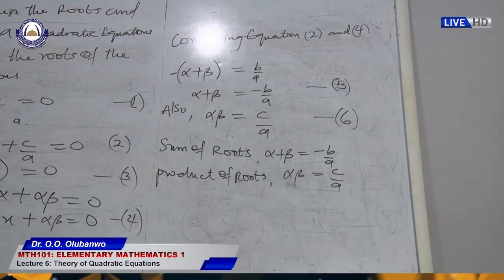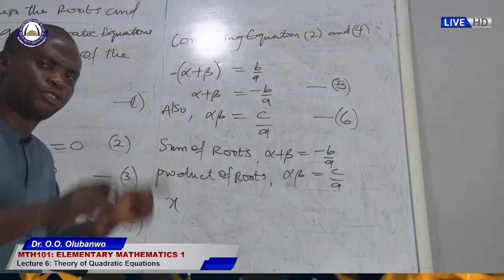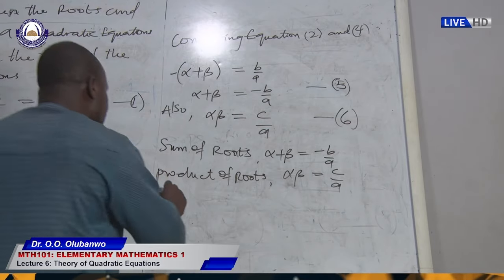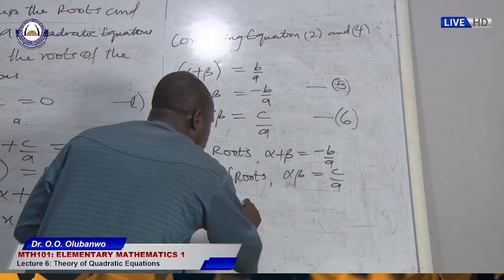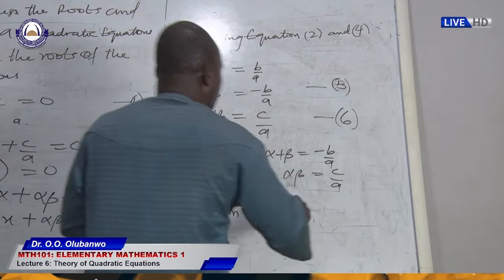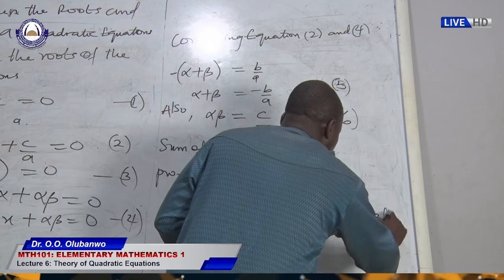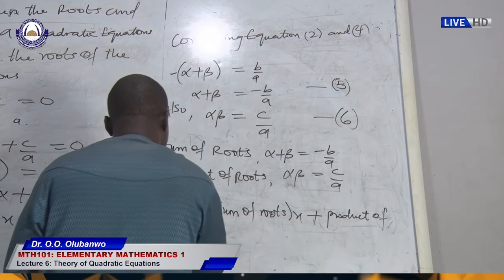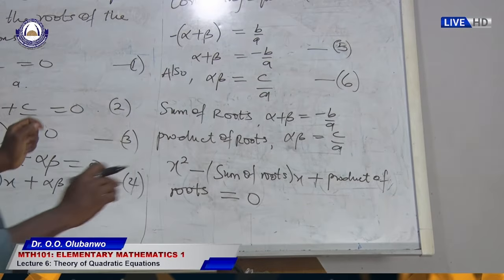Mathematically, it can be stated that in the formation of a quadratic equation, if we are looking in terms of x, it will be x squared minus sum of roots into bracket x plus product of roots, everything equals 0.